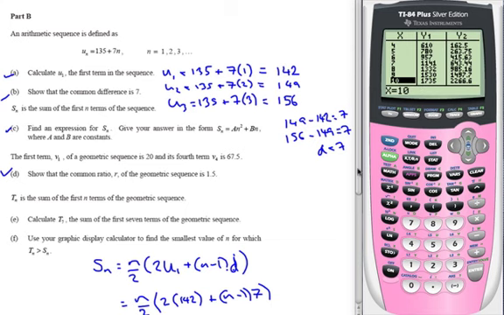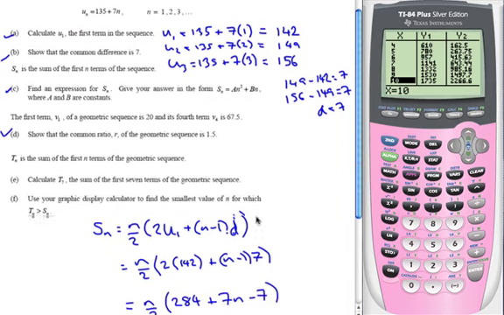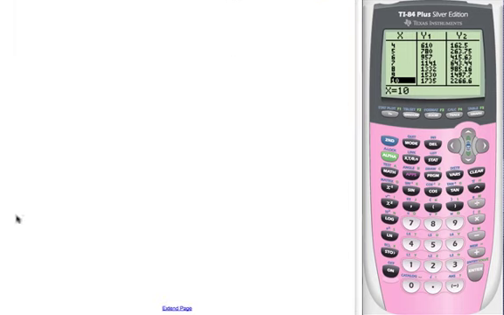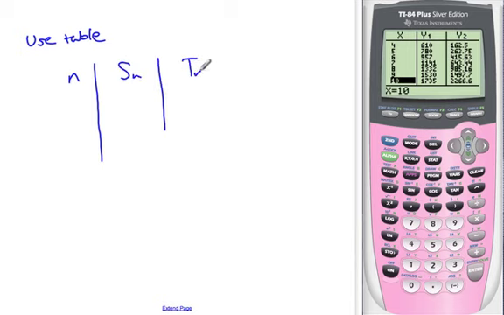So when I display my solution to this, what I should really show is, I'm going to use table. Okay, and I can have n as my x values. We've got Sn and Tn, and I should show 9 and 10 because that's when the change happens.